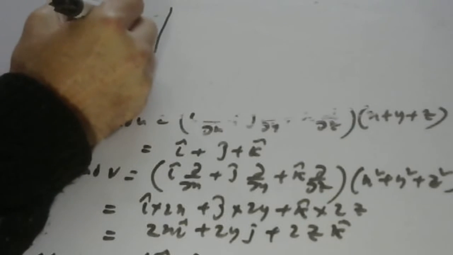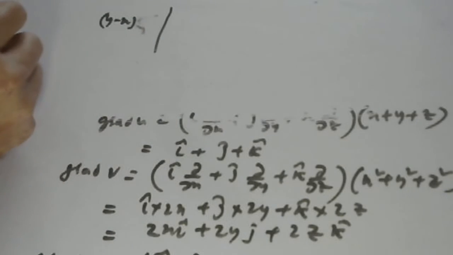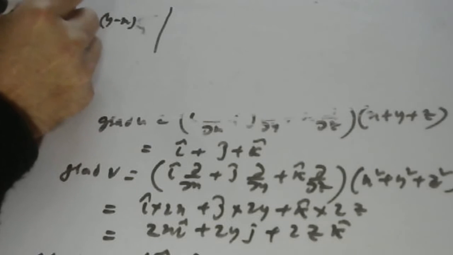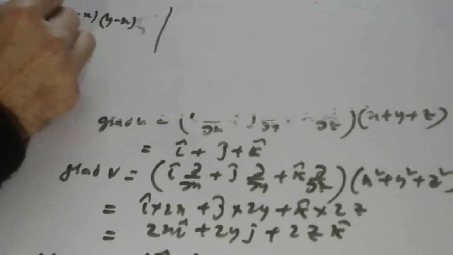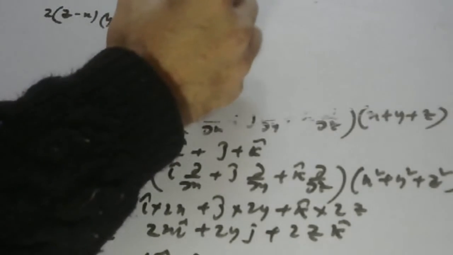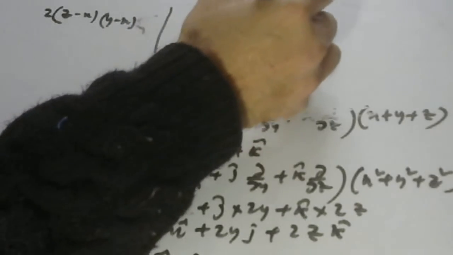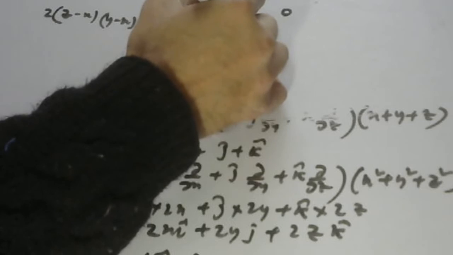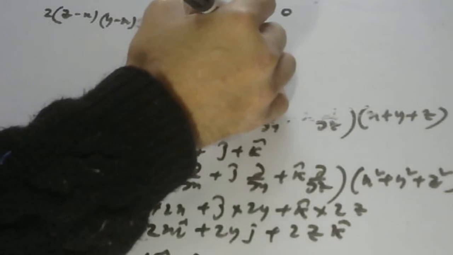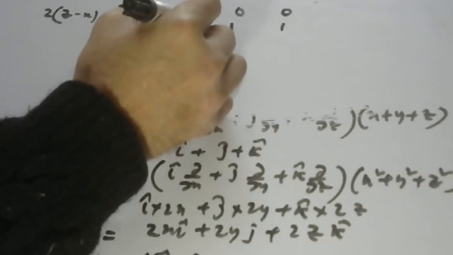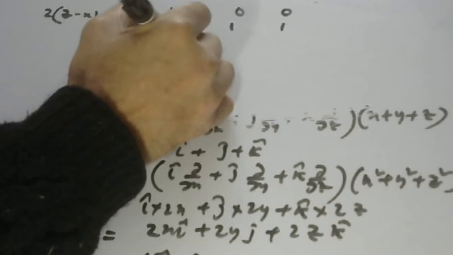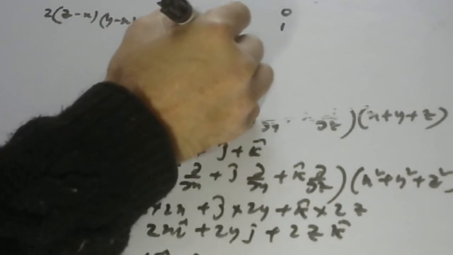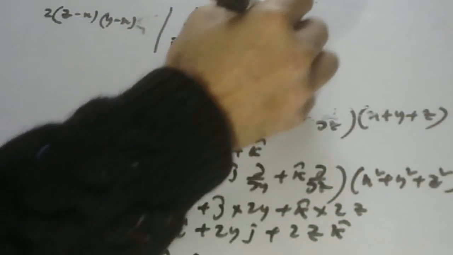This is y minus x, and another term is z minus x. We take common, and 2 is common. This value becomes 1 0 0, x, 1 1, z plus y, minus 1, and this is minus 1.